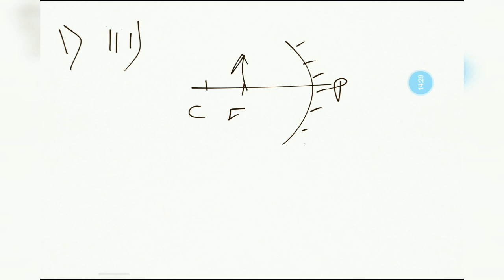Now the first question, the third subdivision. To get the image at infinity, the object is to be placed at, okay, the condition he has drawn and shown towards the right. He has given the pole, the focus, the center of curvature, and the object is placed at the focus. A ray drawn parallel to the principal axis will come from the focus again, and there is one more ray passing through the pole which will give the same angle at the pole.